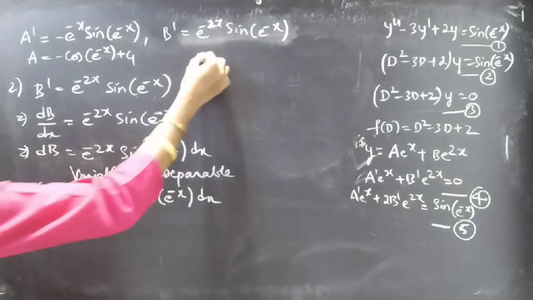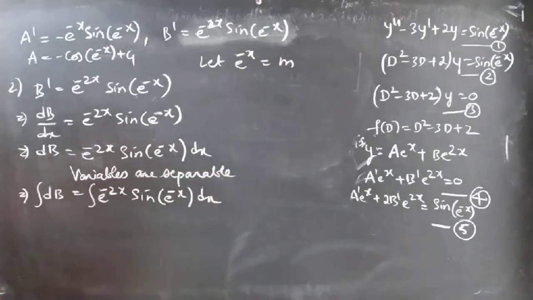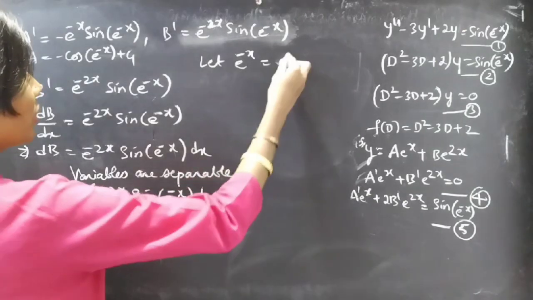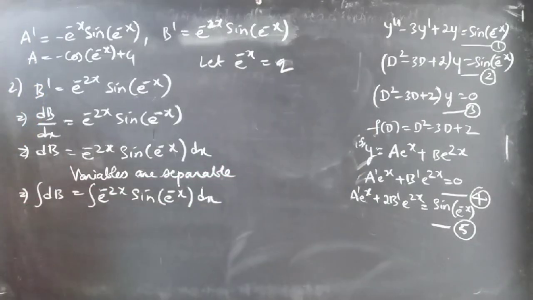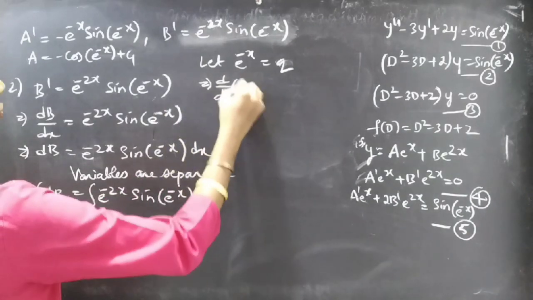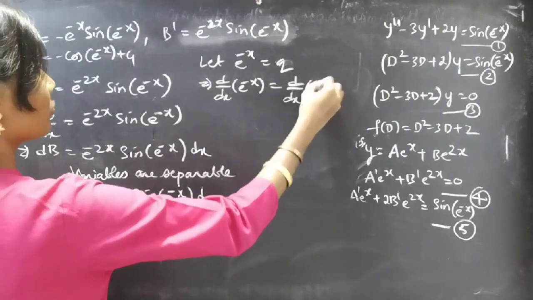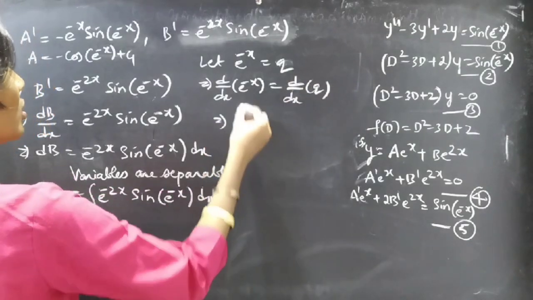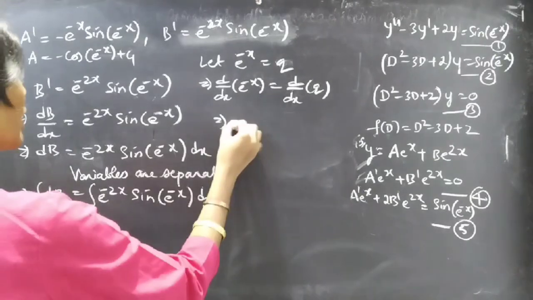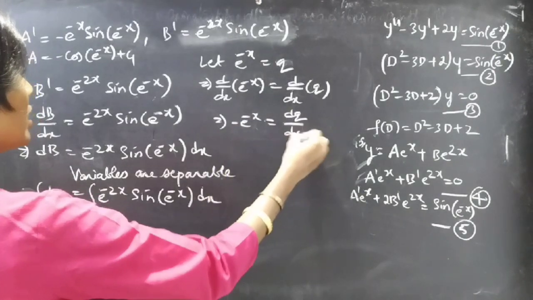Let e power minus x equal to some m, say m or u or p, whatever, or you can take it as some q, better. Now differentiate on both sides with respect to x. We'll get the derivative of e power minus x with respect to x, which is minus e power minus x, equal to dq by dx.